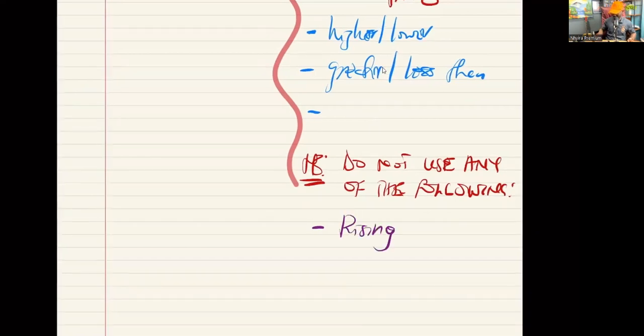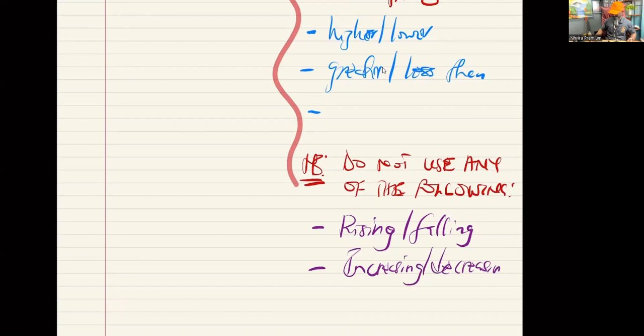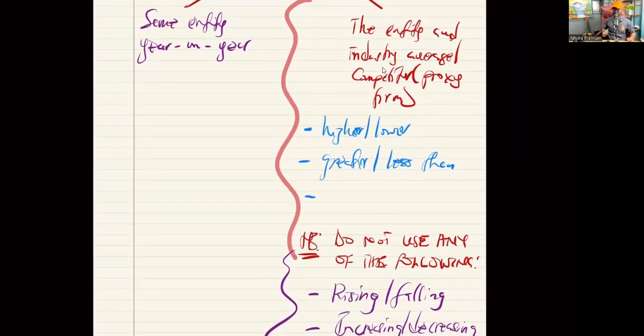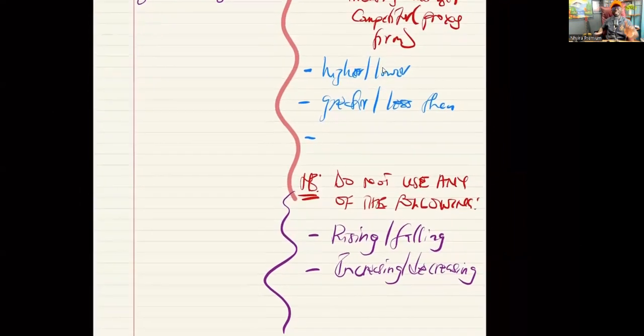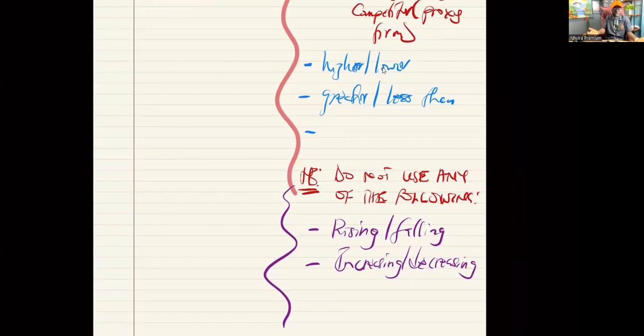Is it mango or sunshine? Increasing or decreasing? You are forbidden from saying this if it is a company and industry average. You can't say the ratio is rising, because what is rising?